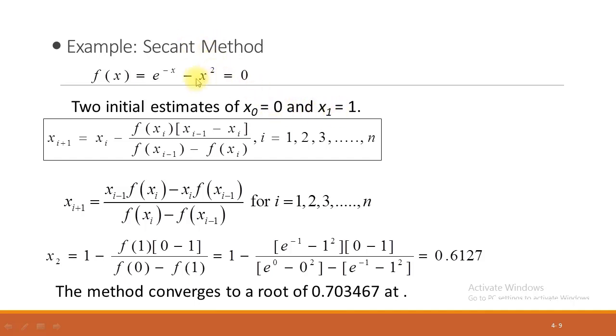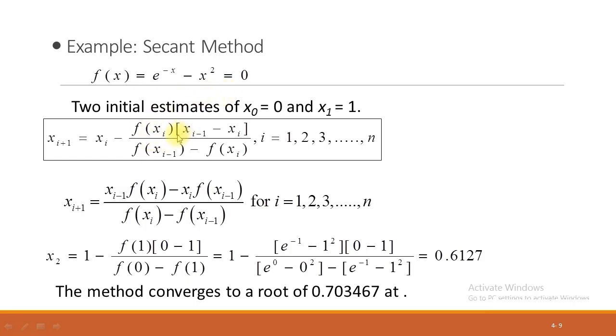For the secant method, opposite signs of the function are not required, that at one value the function is positive and at the other it is negative.